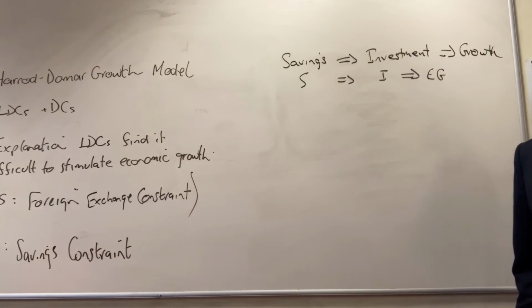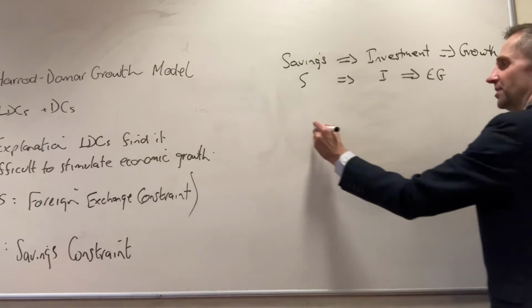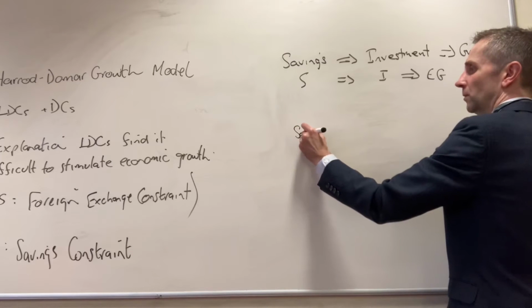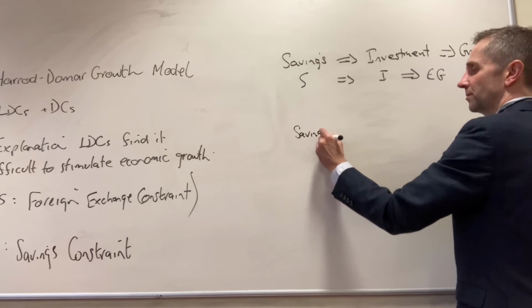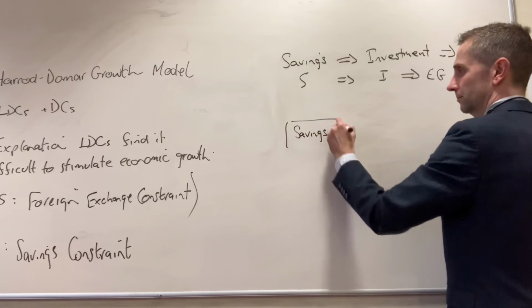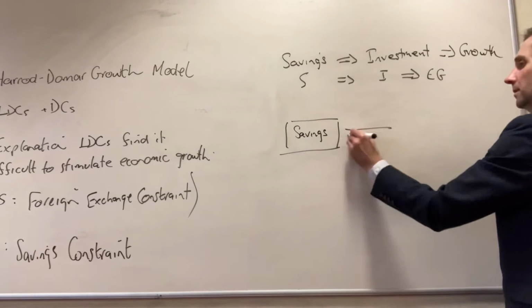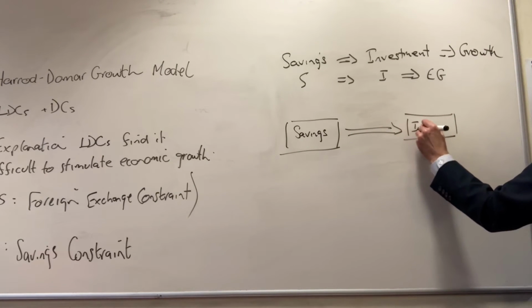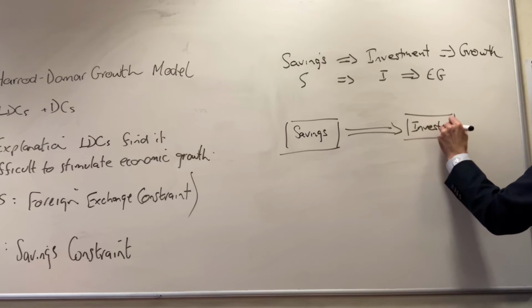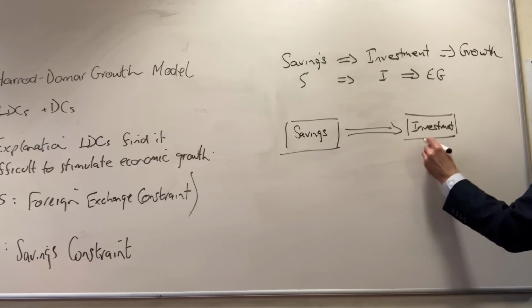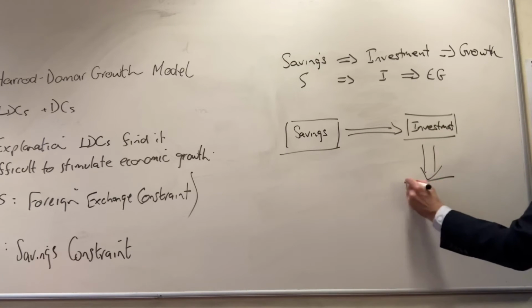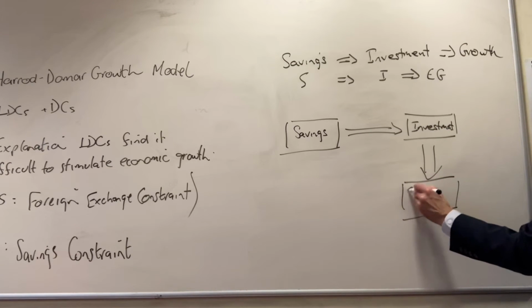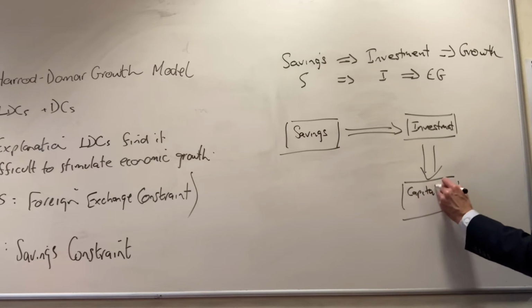But in terms of your standard textbook diagram, what you'll see is they have savings leading to investment. So not mentioning firms or anything at this point, leading to capital accumulation.